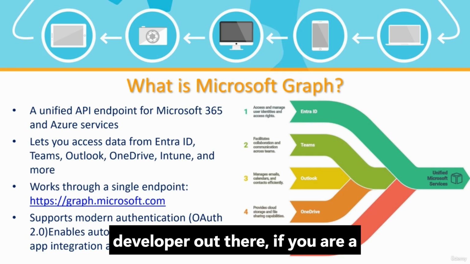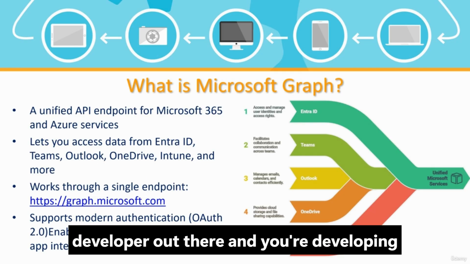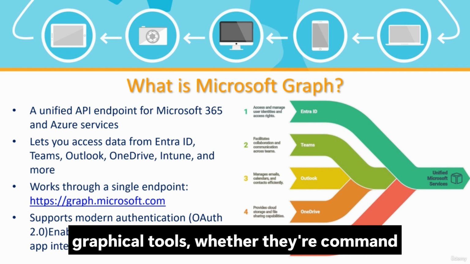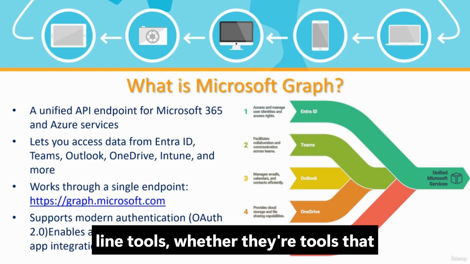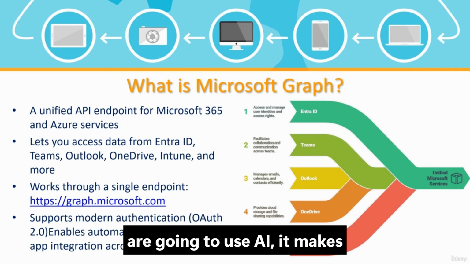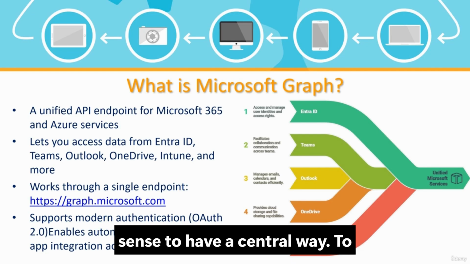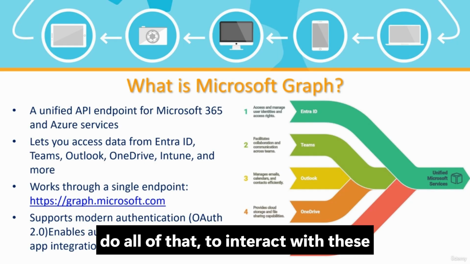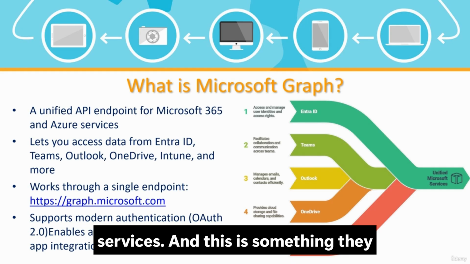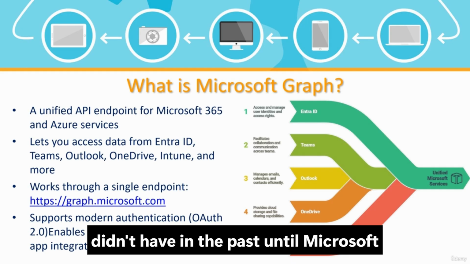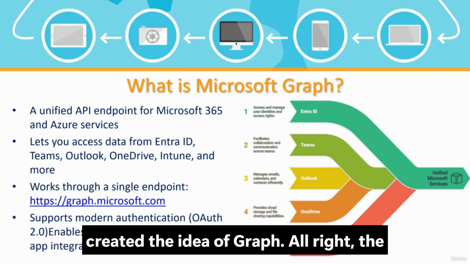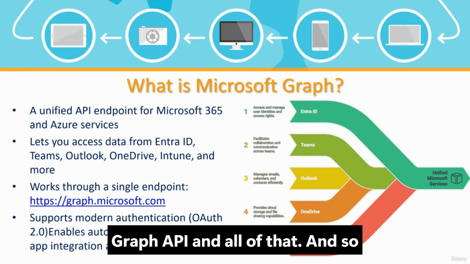If you're a developer out there developing different tools, whether they're graphical tools, command line tools, or tools that are going to use AI, it makes sense to have a central way to interact with these services. And this is something they didn't have in the past until Microsoft created the idea of Graph, the Graph API.